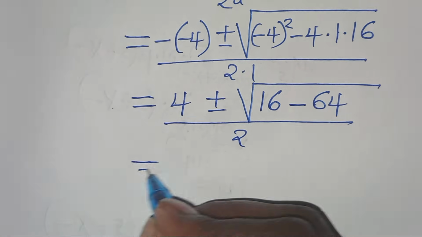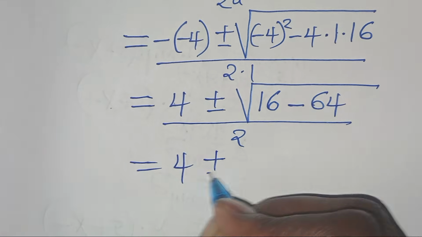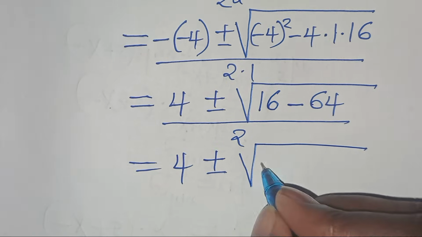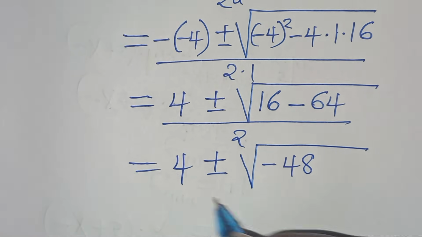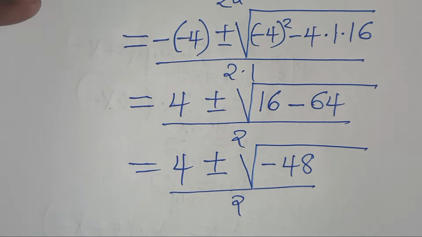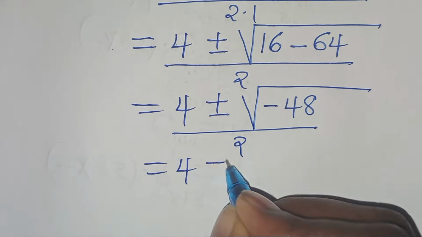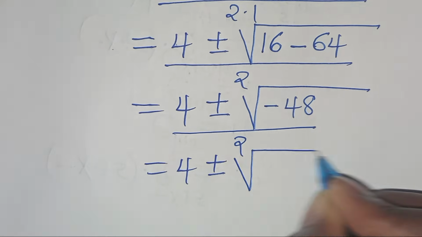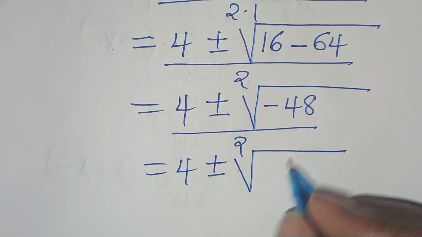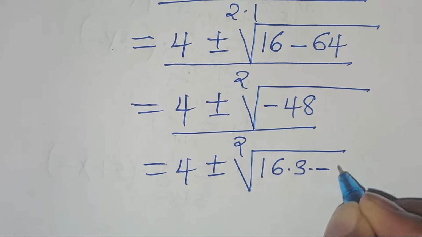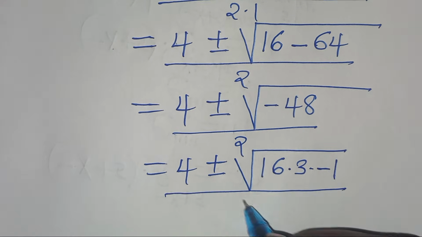So we have 4 plus or minus the square root of 16 minus 64, which is negative 48, divided by 2. Now this implies that we have 4 plus or minus the square root of negative 48, which we can express as 16 multiplied by 3 multiplied by negative 1, everything divided by 2.